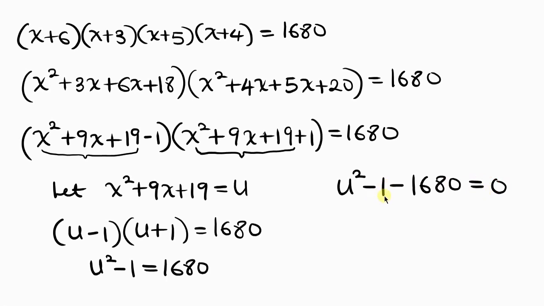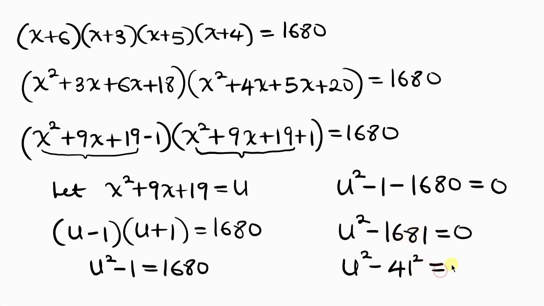Now negative 1 minus 1680 gives negative 1681. So this is u squared minus 1681 equal to 0. Actually, this is a perfect square: u squared minus 41 squared, since 41 squared gives 1681, equal to 0.